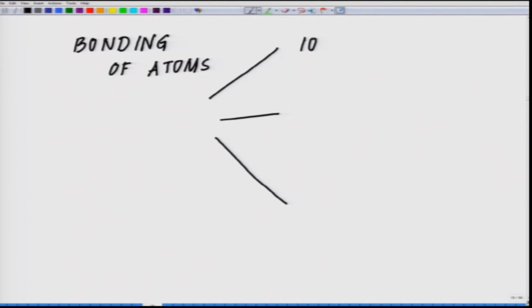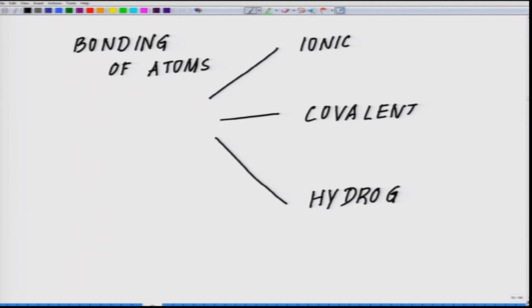So, you will have the ionic bonds, where full fledged transfer of electron takes place. Then you are having the covalent bonds, and then you are having the hydrogen bonds.